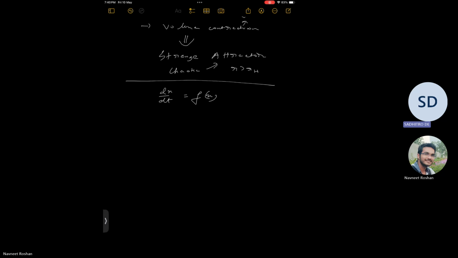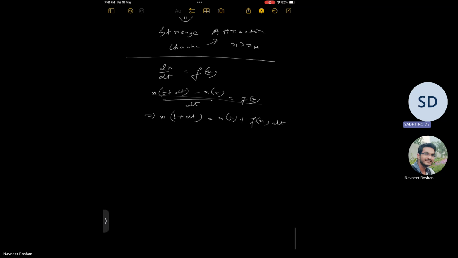So basically, this means that x at t plus dt equal to x at t plus f of x into dt.